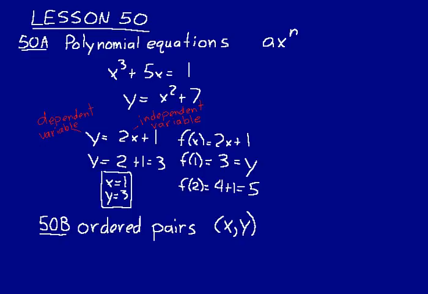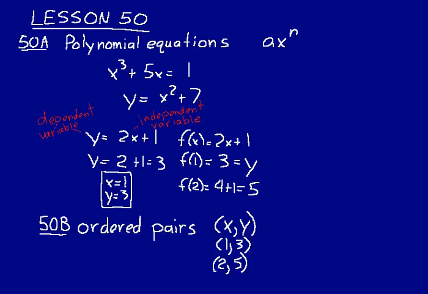So one ordered pair that satisfies that y equals 2x plus 1 equation would be 1 comma 3. Another pair that satisfies it is 2 comma 5.